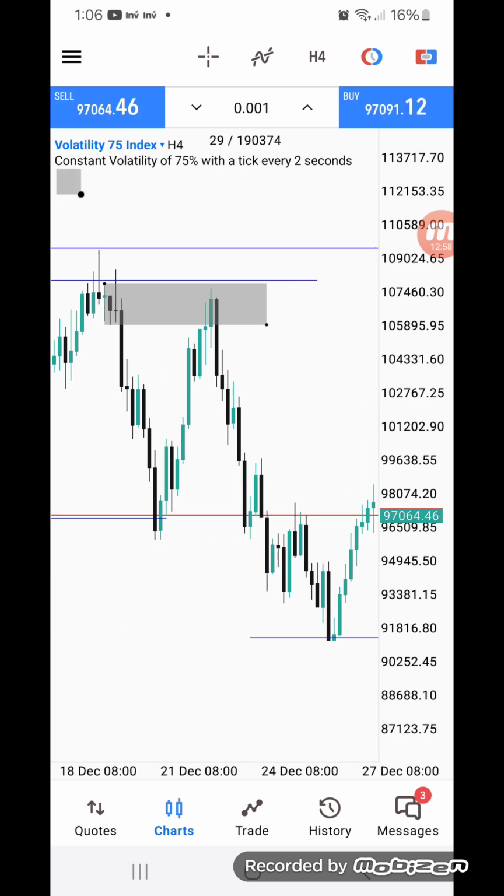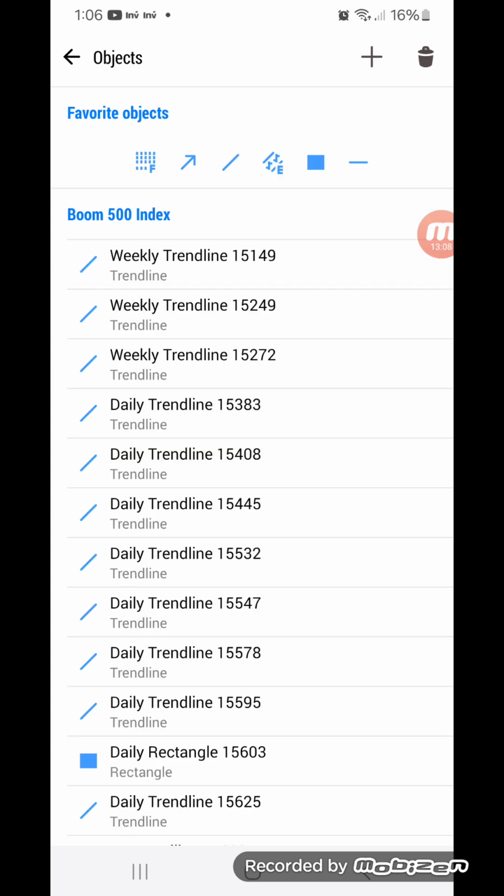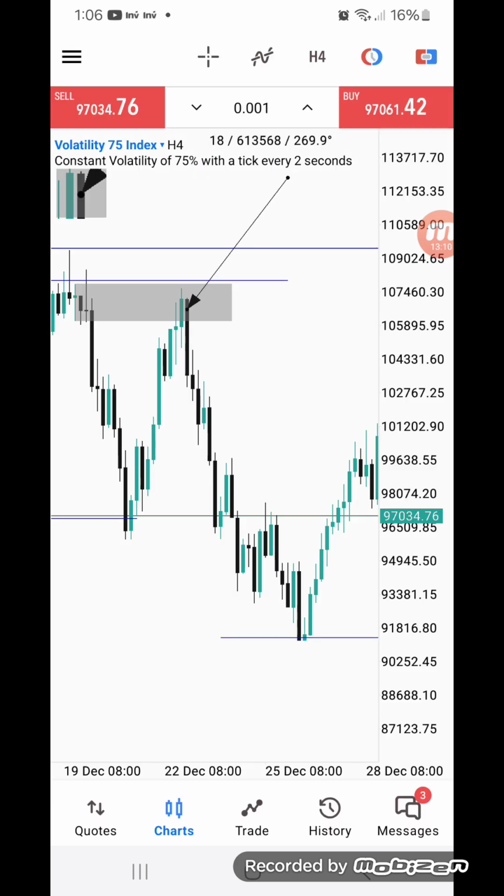You can see our 4-hour time frame is giving us that order block. So that was a very nice point of interest, which could have given us a move from here, and then maybe we target this lower low here. That could be a very good move.